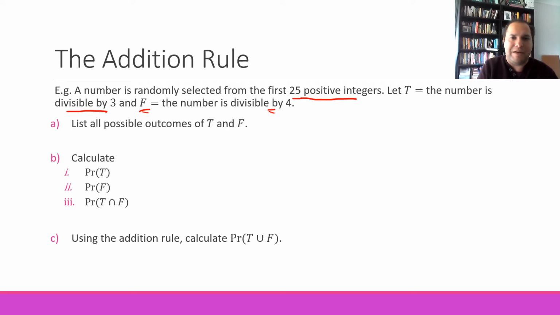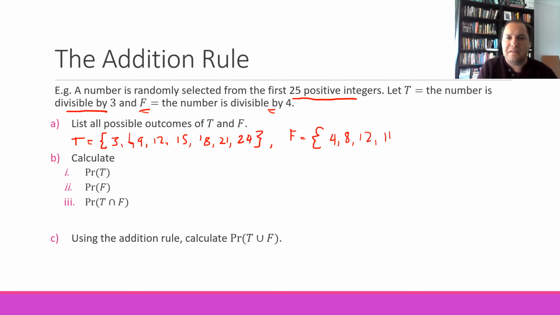So let's list out all our outcomes for T and F. So going up to 25, our numbers that are divisible by 3 are 3, 6, 9, 12, 15, 18, 21, and 24. For F, our numbers that are divisible by 4, we'll have 4, 8, 12, 16, 20, and 24.